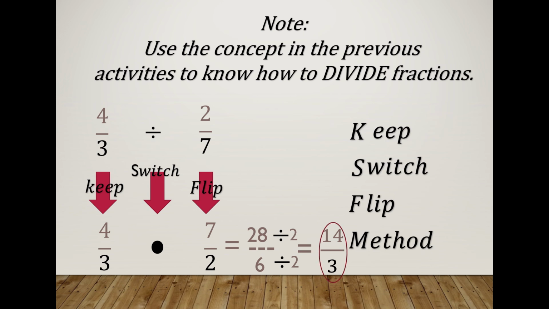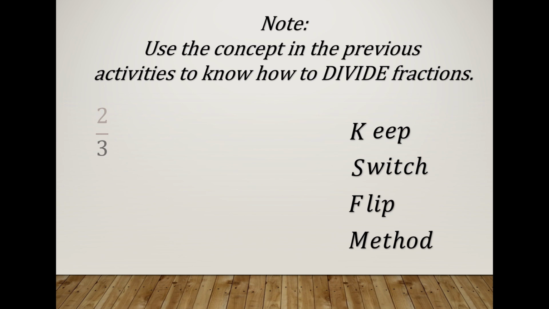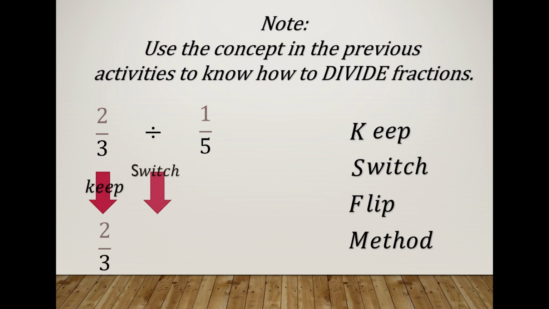Next example. Now, let's say we have 2 over 3 divided by 1 over 5. Again, we are going to use the keep, switch, flip method. So keep the first fraction, switch the operation from division to multiplication, and flip the second fraction, from 1 over 5, it will become 5 over 1.